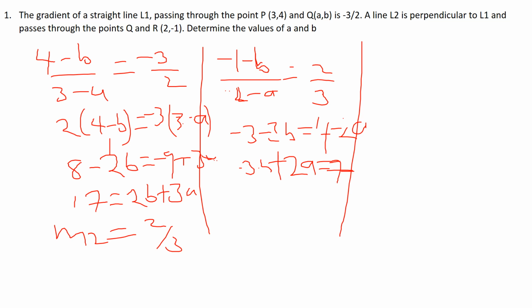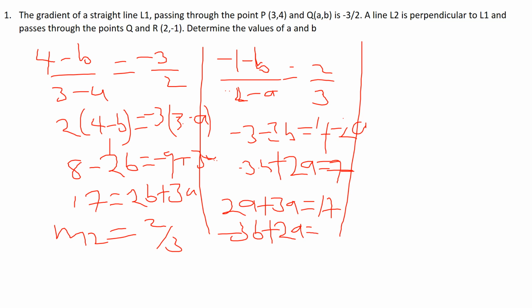The first equation was 2b plus 3a, and this one was equivalent to 17. And then the second one is negative 3b plus 2a is equals to 7.